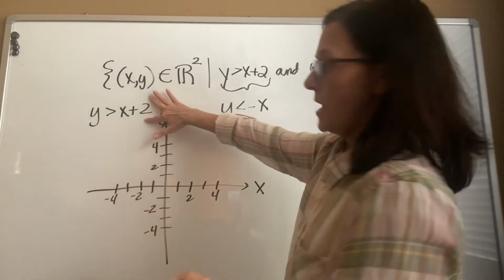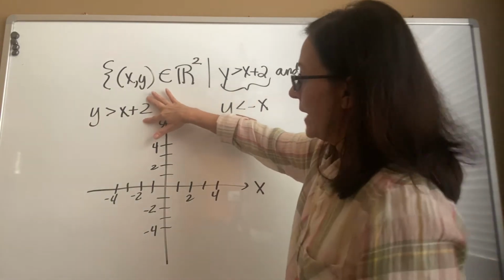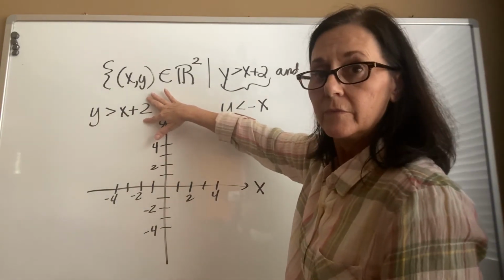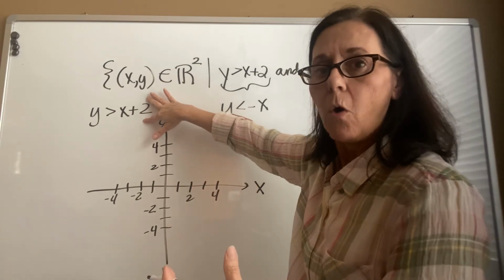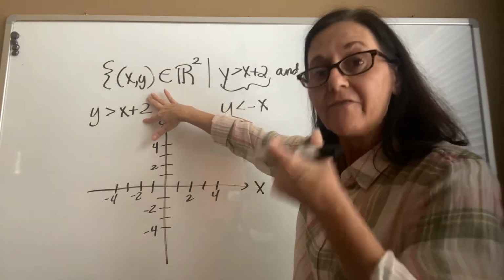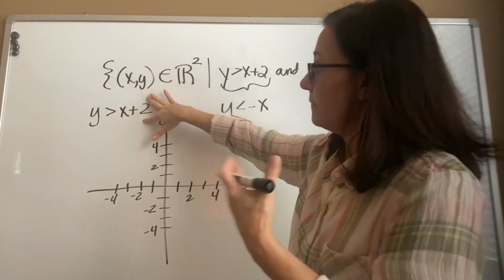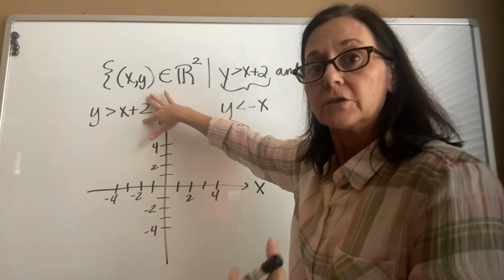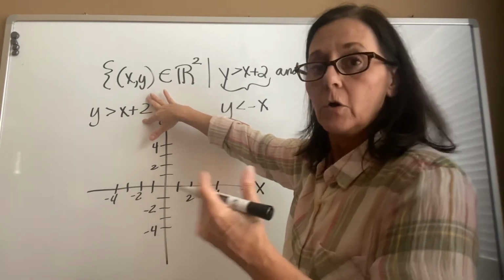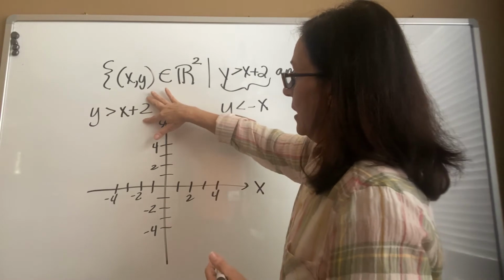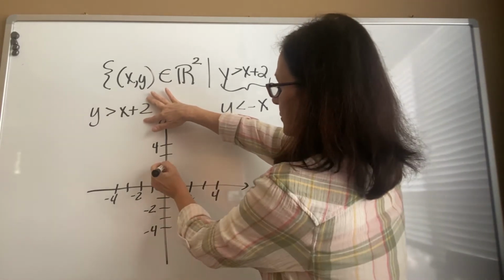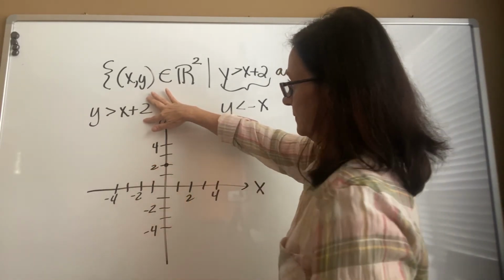All right, so let's look at this one. When x is 0, so you solve it like it's an equality. Then once we graph the line, then we will decide what region satisfies that. Okay, when x is 0, y is 2, so it's (0, 2).